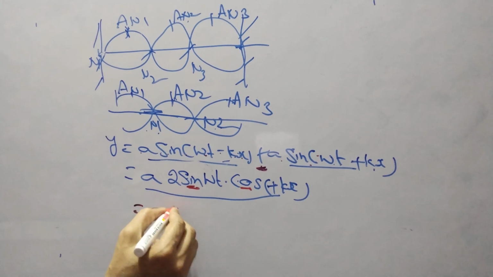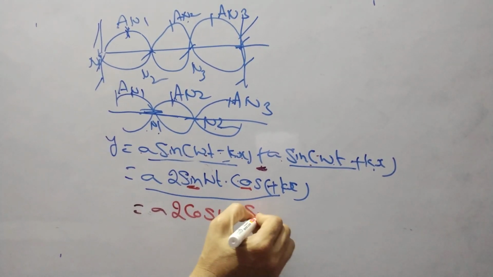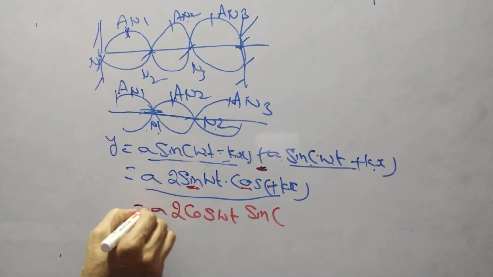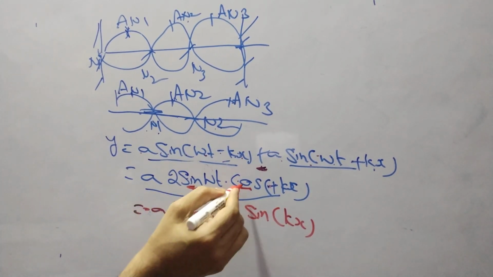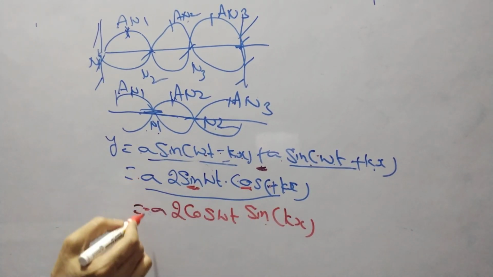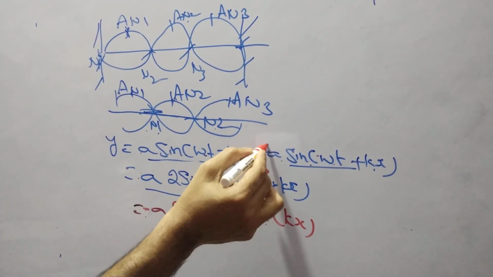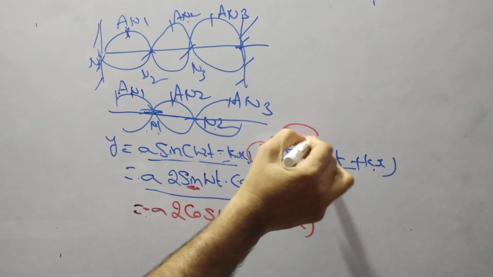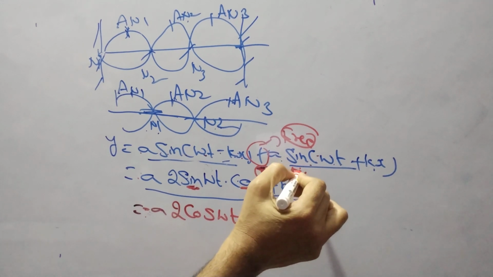So a 2 cos omega t sin of minus kx, we will get a minus sign here. Only sin and cos will be interchanged. There is a change in the sign because of this minus sign. So plus sign for free end and this minus sign for fixed end, because the equations are like that.